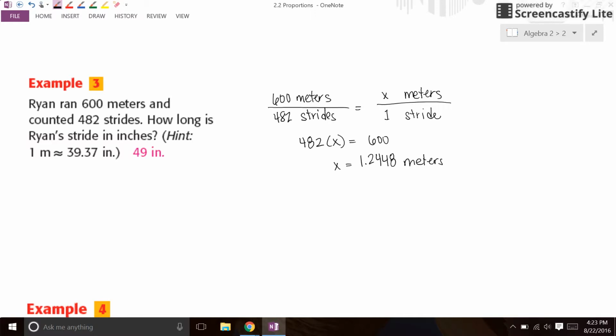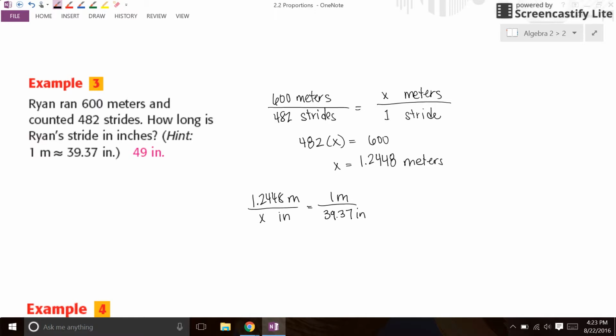Well, now I'm going to say, all right, 1.2448 meters is how many inches? I don't know, but I do know that 1 meter is 39.37 inches. So a little conversion there, right? Since those two things are true, I know 1 meter is that many inches, so I should be able to convert 1.2448 meters into x amount of inches.